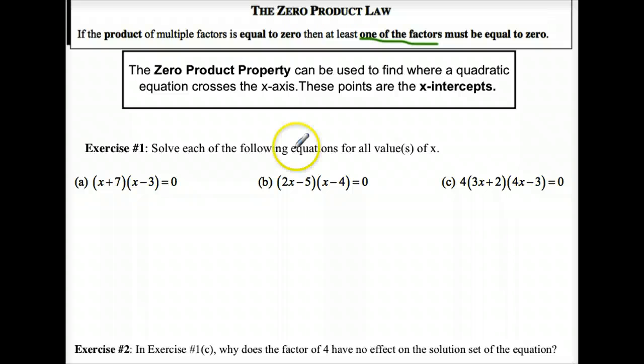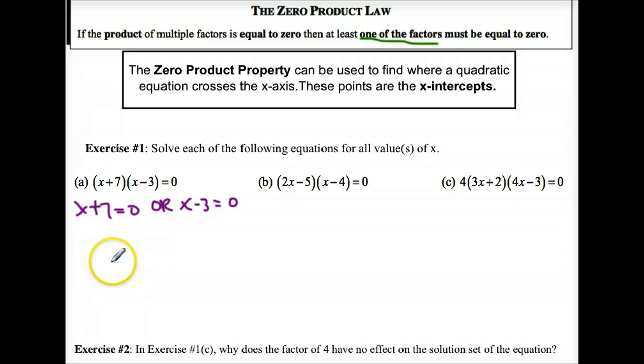Example 1. Remember, when I factor a quadratic, I will have something that looks like that at the end. So all the zero property law says is I want to solve these. I have two factors, which are x plus 7 equals 0, or I have x minus 3 equals 0. From here, these are simple one-step equations where I do the inverse operation.